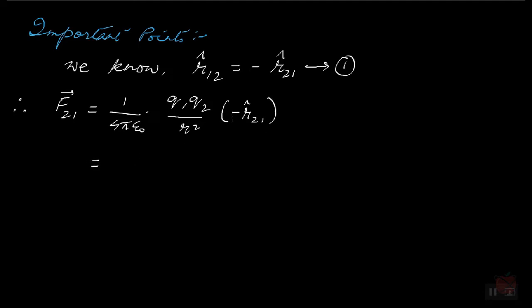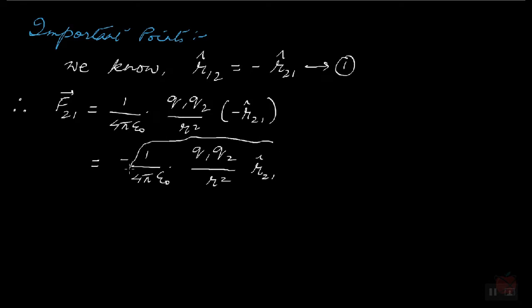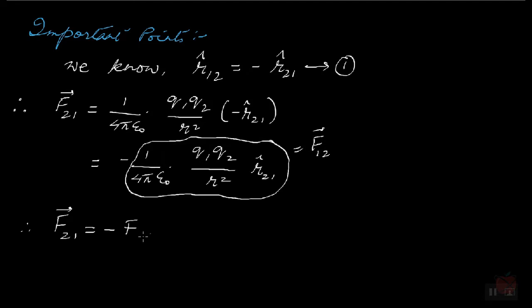So this minus sign can be taken to the front. So you have minus 1 by 4 pi epsilon naught Q1 Q2 by R square R21 cap. Now what is this part equal to, without the minus sign? That is equal to F12. So therefore you have F21 is equal to minus of F12.